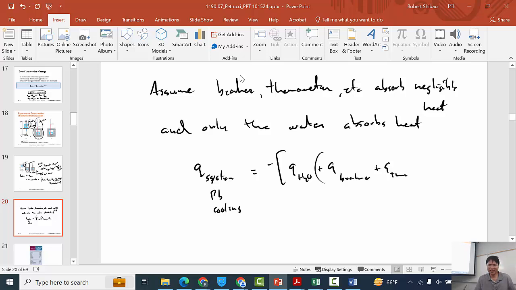And the beaker, thermometer, the rest of the universe, we're going to treat that as close to zero. Very little heat is absorbed by those. This is just to simplify the problem. Later on, we're not going to treat it like this. Just for this problem.